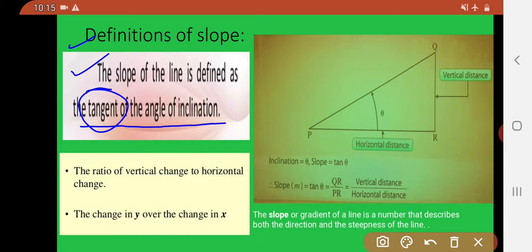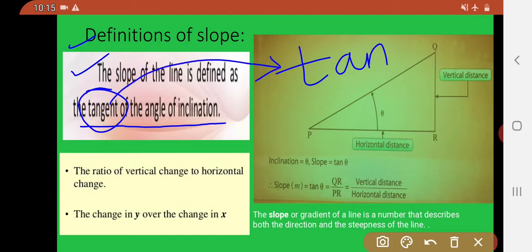A trigonometric ratio. Tangent we write in abbreviation as tan. The angle of inclination is theta. So tan theta is the slope of the line, and theta is the angle of inclination.